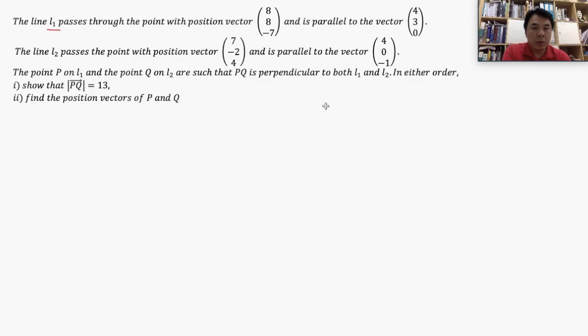In other words, PQ is the shortest distance between the two skewed lines L1 and L2. Our task here, in any particular order, is to show that the magnitude of the distance PQ is 13 units, and we also need to find the position vectors for P and Q.